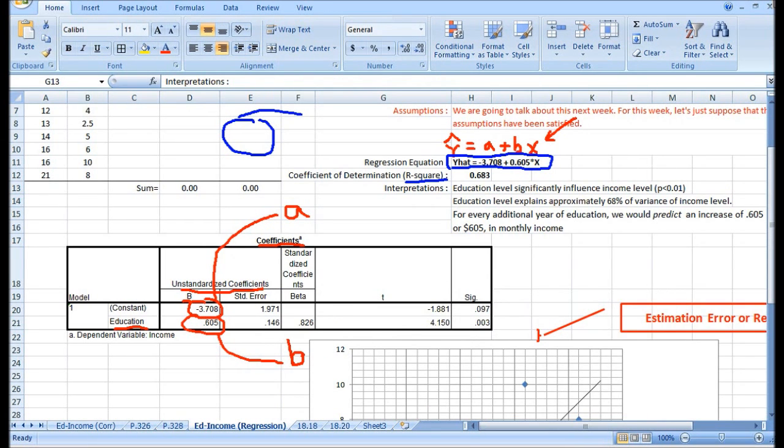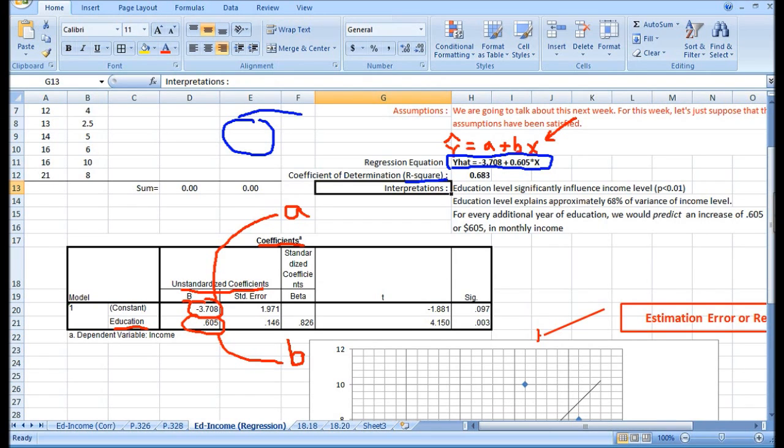Now we are ready to interpret these results. I mean the regression equation and R square, or coefficient of determination. Okay.